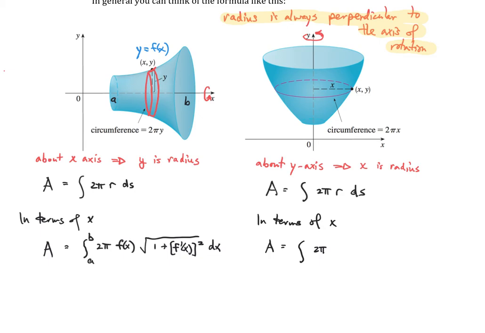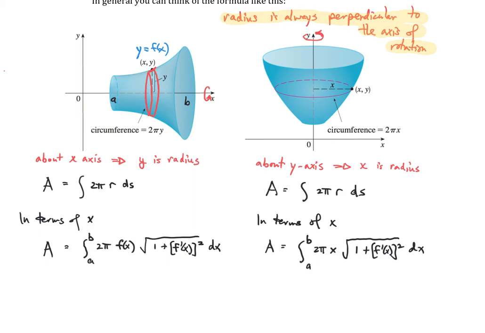So I'm just going to put an x in for the radius. And then my ds is still going to be the same as it was in the case on the left. That's going to be 1 plus f prime of x squared dx. And my x values are still going to range from a to b. So that hasn't changed.